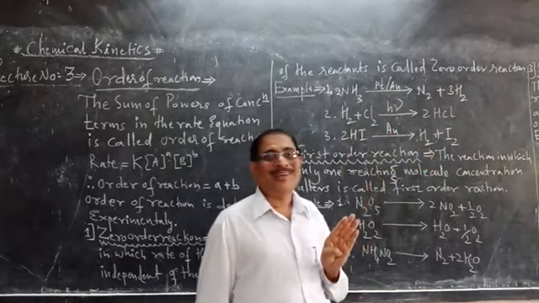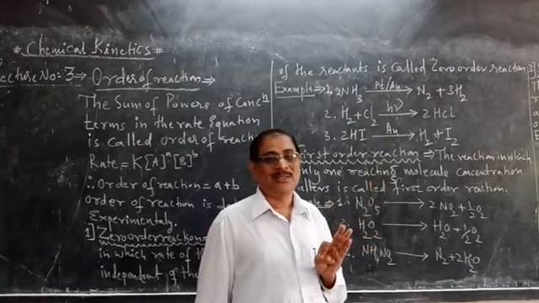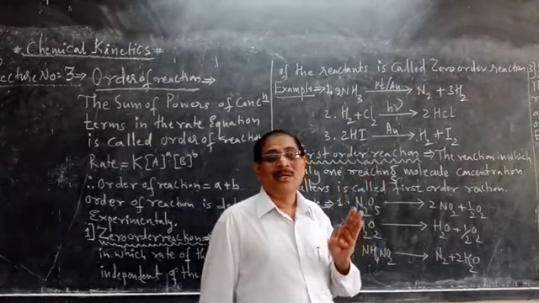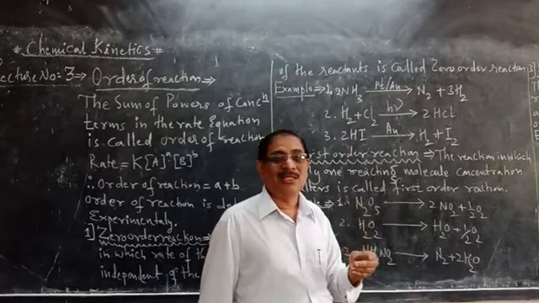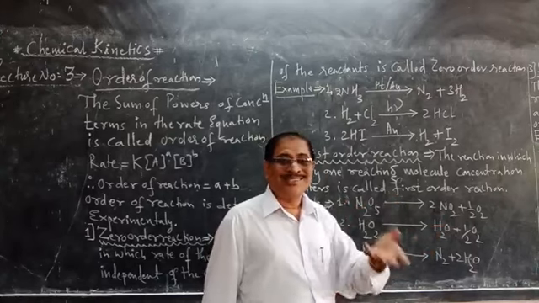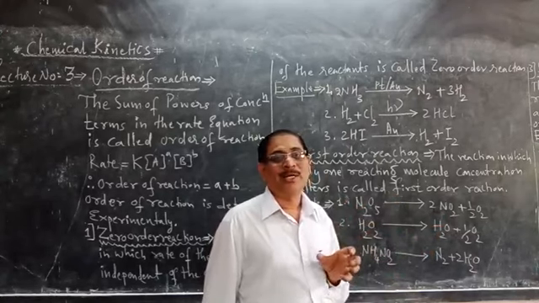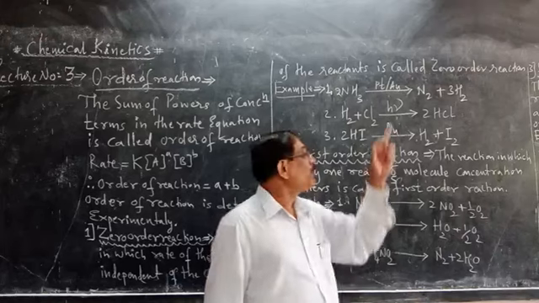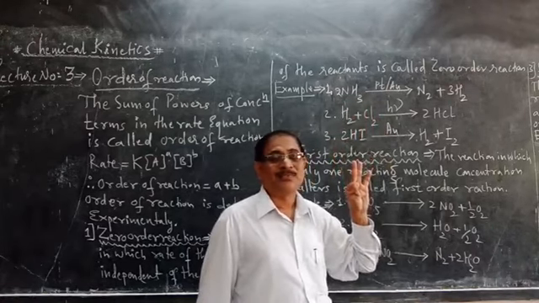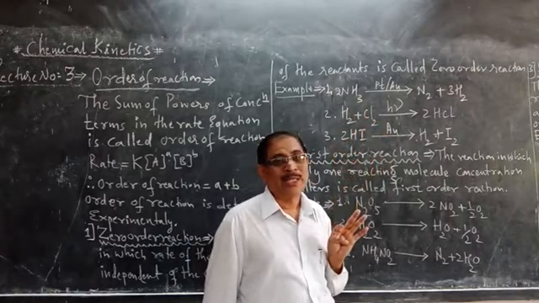So all photochemical reactions and catalytic reactions are usually zero order reactions, because energy is provided to decompose or form the product as the reactants are provided continuously.